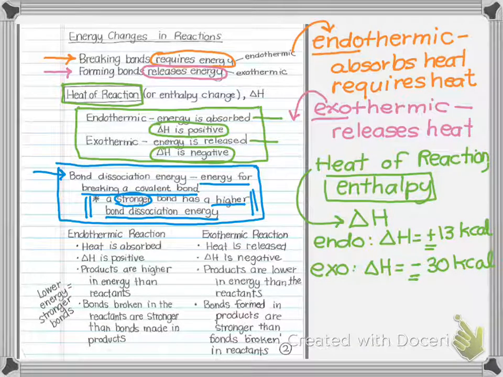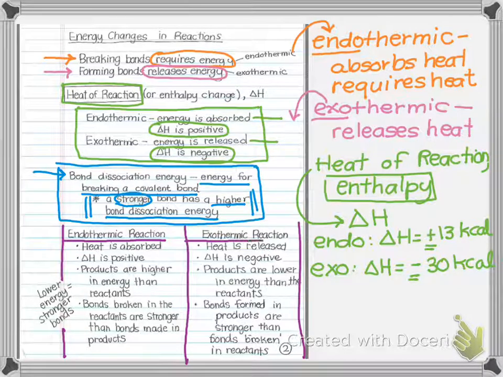We're going to do some problems with this chart, so I want you to take a look at it and pay attention. There are several things we can classify when we have an endothermic reaction on this side, and an exothermic reaction on the other side. Let's look at the bullet points.